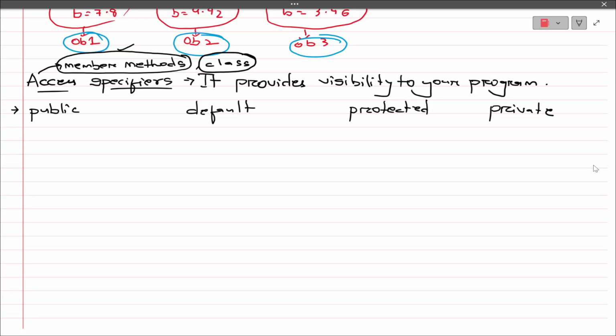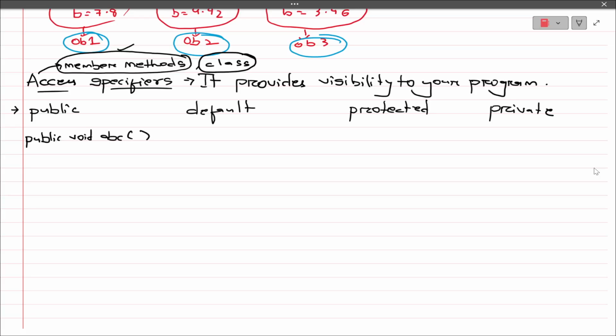If I talk about public, I mean a member method whose access specifier is public. Just understand this, then I will explain the features. Let me give one example. Suppose there is written public void abc. What does this mean?